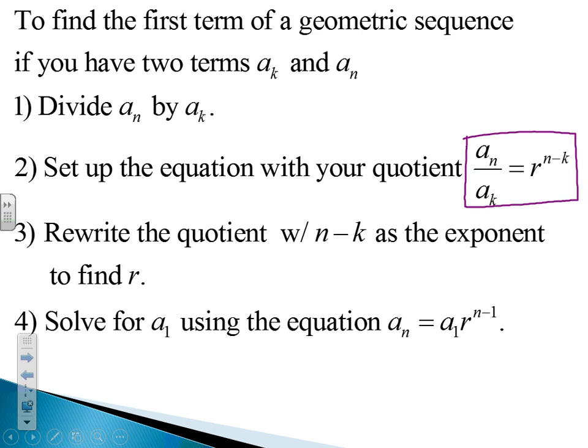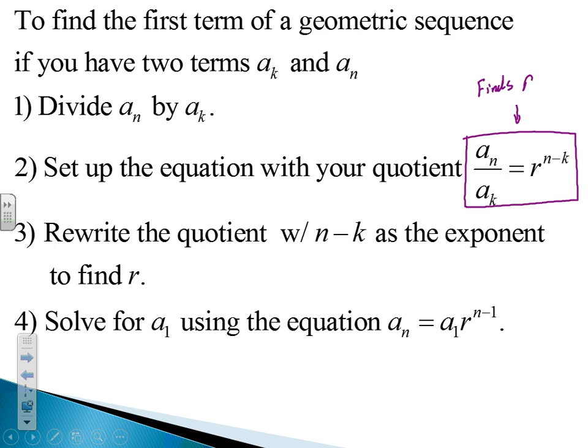Well, actually, what we'll use, this rule that we have right here where it says a sub n over a sub k being equal to r to the n minus k power, that is what I'm going to use to find the common ratio in my next example.